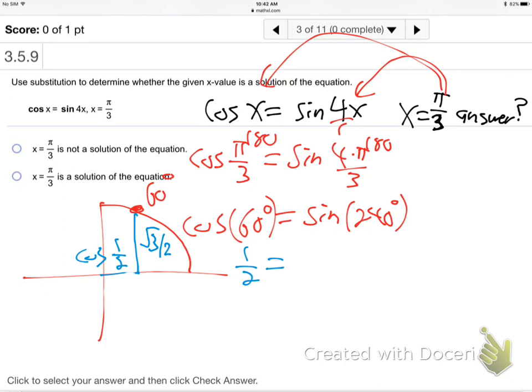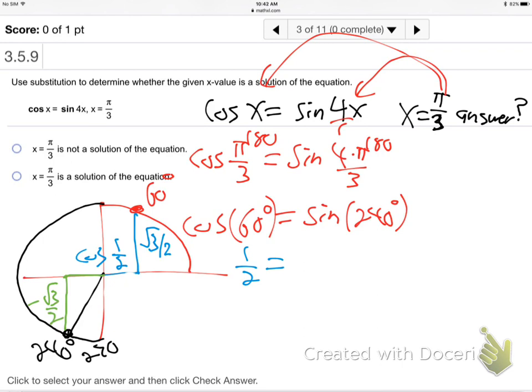Now let's go to 240. Where's 240? Well, this is 270, so 240 is close to 270, only 30 degrees off of 270. So that is back a small, down a large.